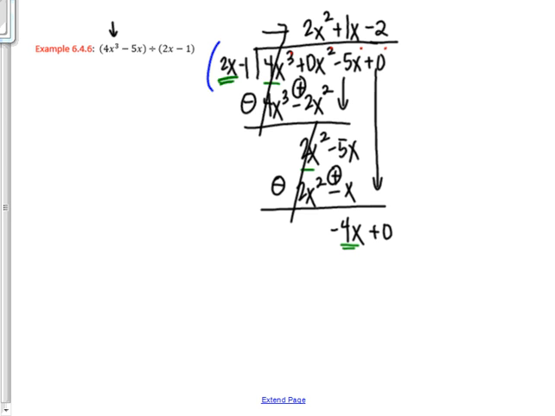It's a negative 2 times. So I'm going to distribute a negative 2. So negative 2 times 2x is negative 4x, and a negative 2 times negative 1 is a positive 2. Draw a line, change your signs, and so my remainder this time is a negative 2. So I say minus 2 over 2x minus 1. All right, go practice.